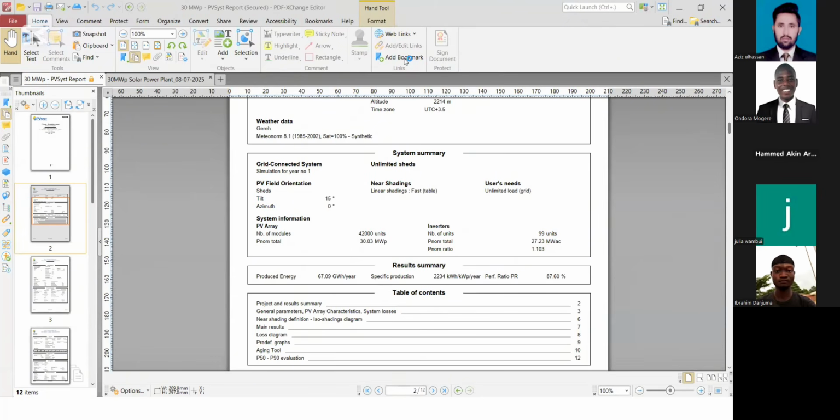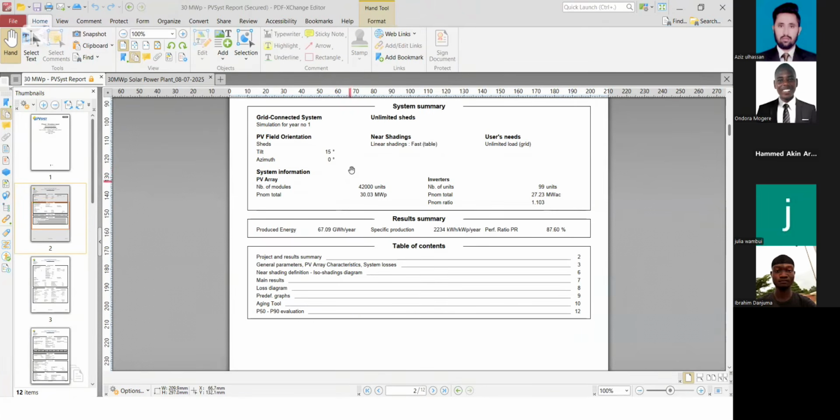So first of all we know about that, and then we will define our PV module, which manufacturer and which power we are using, and then the input of the inverters, which manufacturer and which power we are selecting for our project. Then we give the losses, and in the case of the fixed tilt structure we give the tilt and azimuth, and the number of inverters.